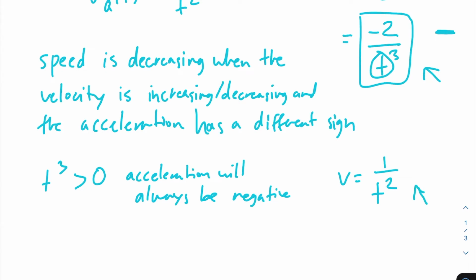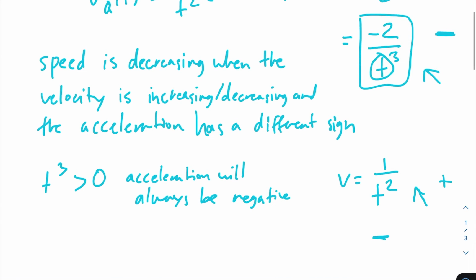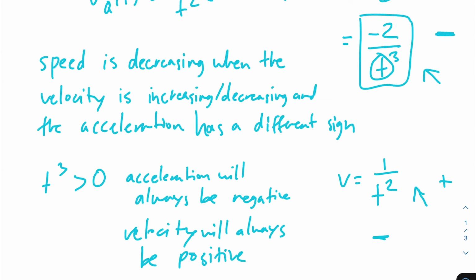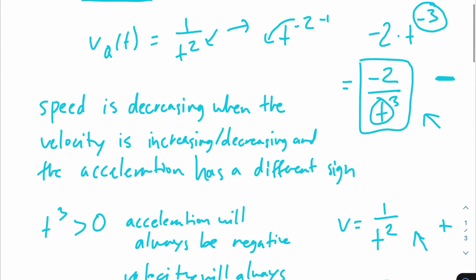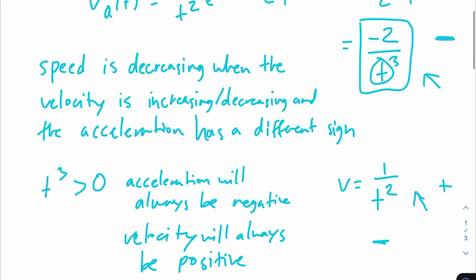And then here, notice you have a positive sign. There's no number you can use for t in the velocity function such that you're going to get a negative number in the denominator. Our velocity is always going to be greater than 0, so velocity will always be positive. Since we're looking at all times for t greater than 0, it means the speed of the particle is always decreasing.